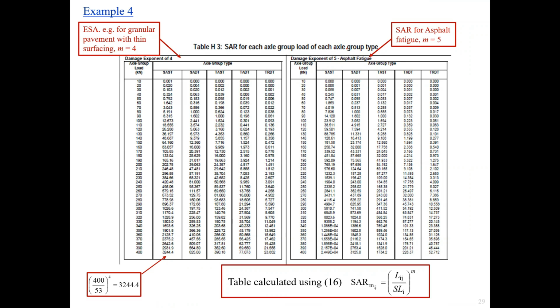So for the first value in the bottom line of the left table, the SAR is calculated as 400 divided by 53, because it is a single axle with single tire, SAST, and nominal tire section width is less than 375 millimeter. So the standard axle load is 53 kilonewton here. When plugged into this formula, we get a value of 3,244.4.